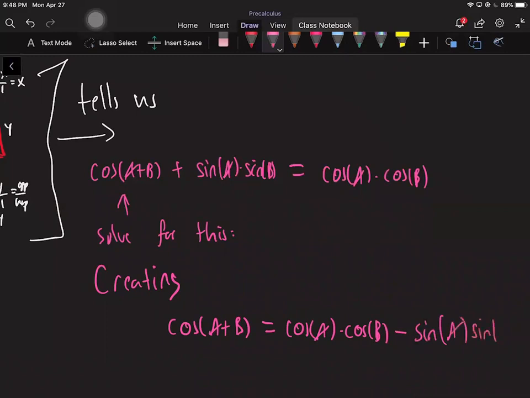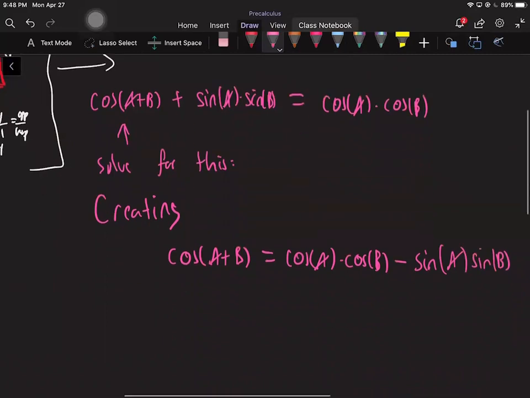And this is called an addition formula or a sum formula, or an addition identity or sum identity. Because you're figuring out how to take cosine of the sum of two angles is the idea.